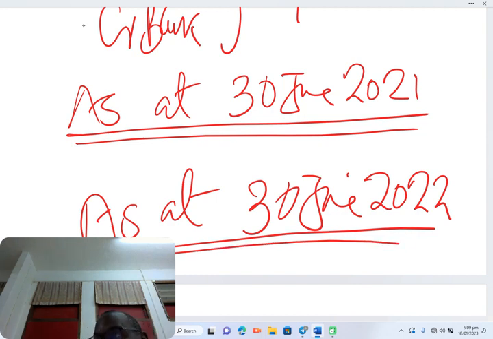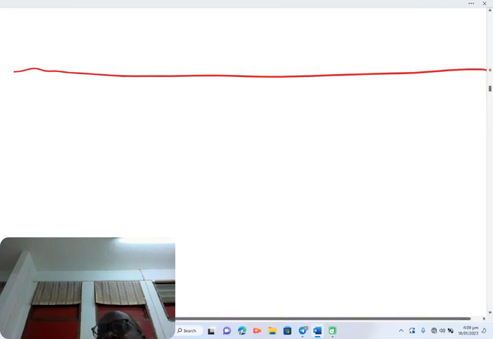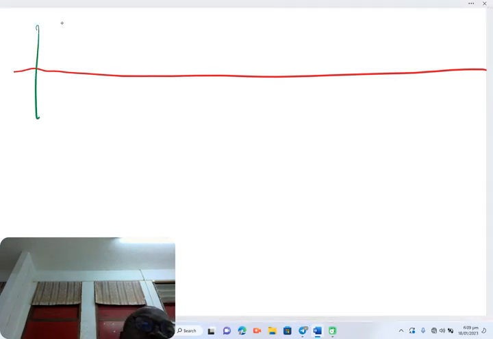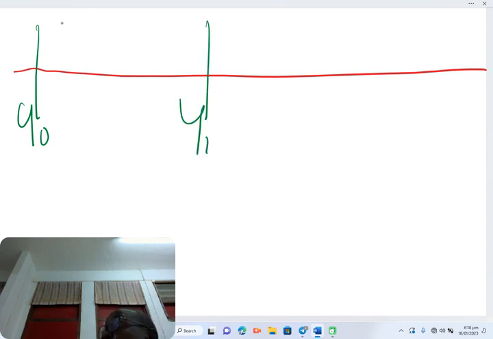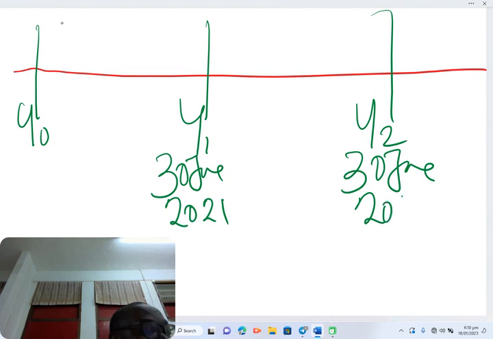So in order to solve this question, you must create a line by line assumption that we had this transaction initially, then subsequent year 1. That's where we prepare financial statements, isn't it? Again, we have comparative in year 2. So putting the dates, this is 30th June 2021, and this is 30th June 2022.